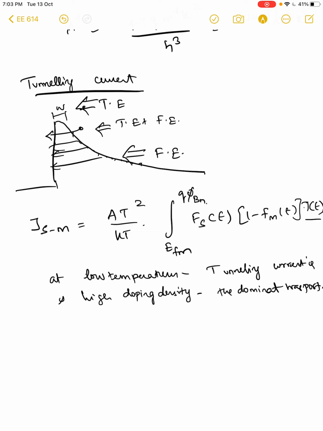When we have reverse bias, right, you have thermionic emission from the metal to the semiconductor side, right? You have field emission here, and you have thermionic emission plus field emission somewhere in between, right?